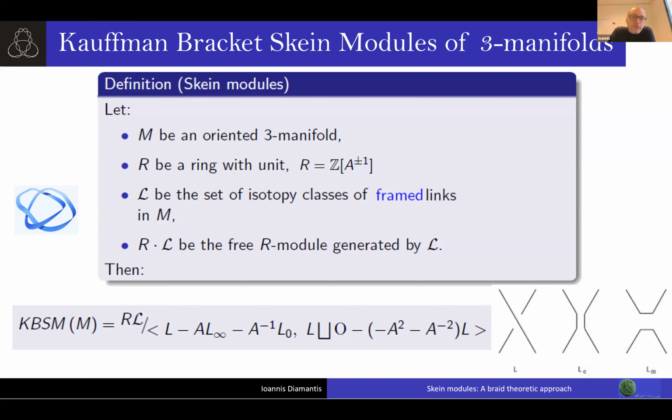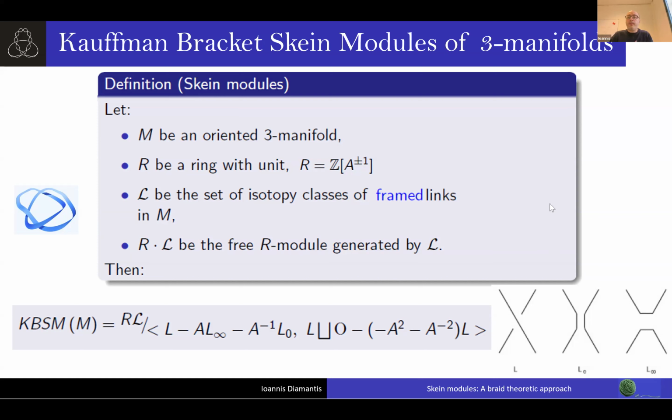Then the Kauffman bracket Skein module is defined as this quotient that you see here, where we have the free R module generated by the isotopy classes of framed links, modulo the classical Skein relations that characterize the Kauffman bracket polynomial, where L infinity and L0 are depicted in this figure.